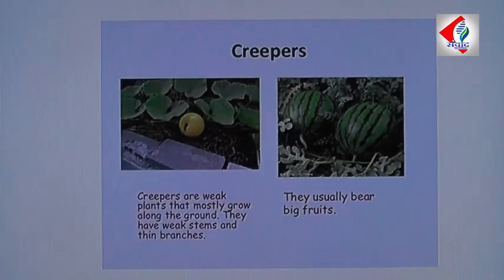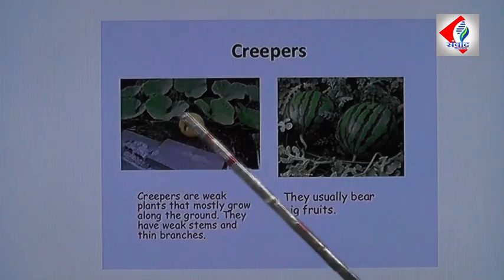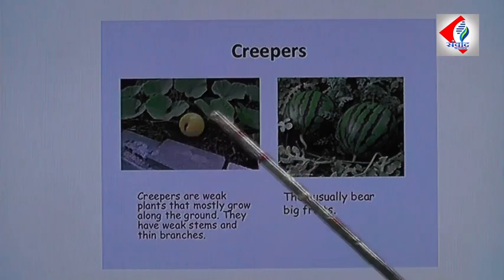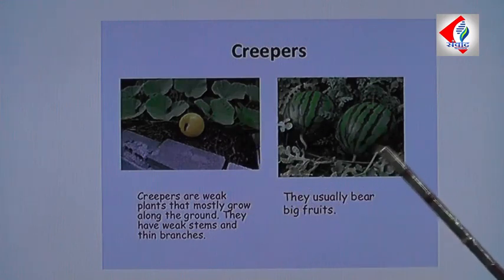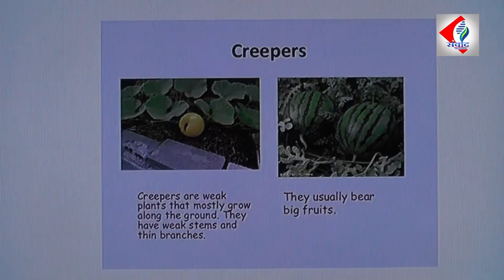Let's have a look at some of the creepers which I have already taught you. You can see that the plants are growing along the ground. Can you see? This is the fruit of the plant. If you notice, the creepers have very thin and tender stems, but the fruit is usually very big in size.